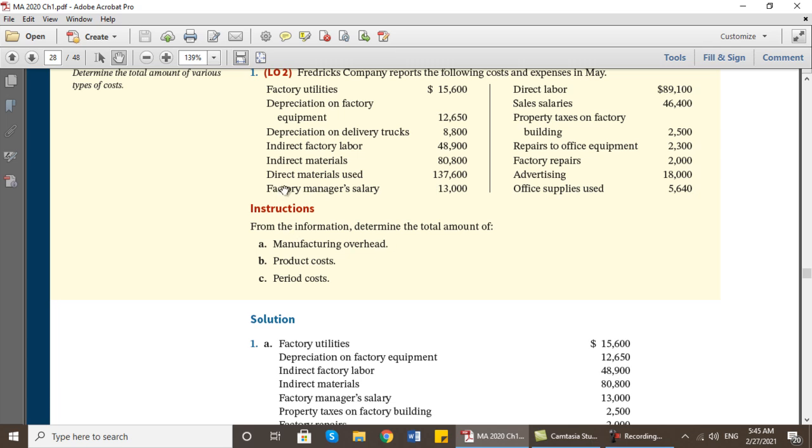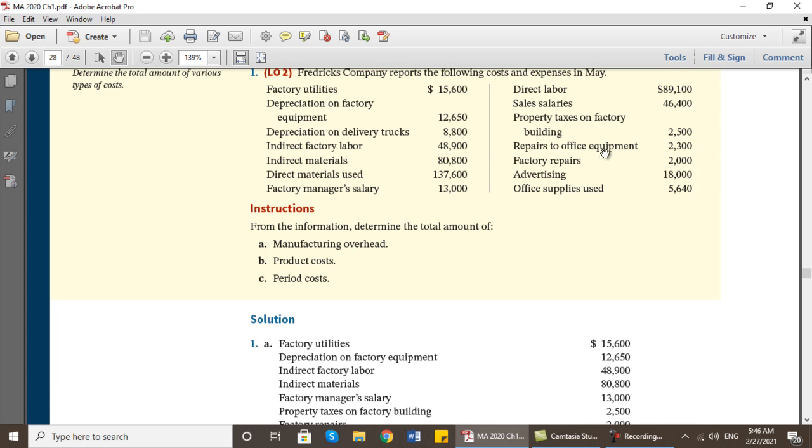But now direct material use, not manufacturing overhead. Also, factory manager's salary considered from manufacturing overhead. Direct labor, no. Sales salaries, no. Property tax on factory building, yes.